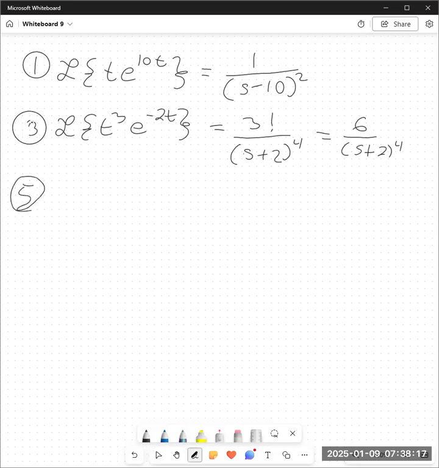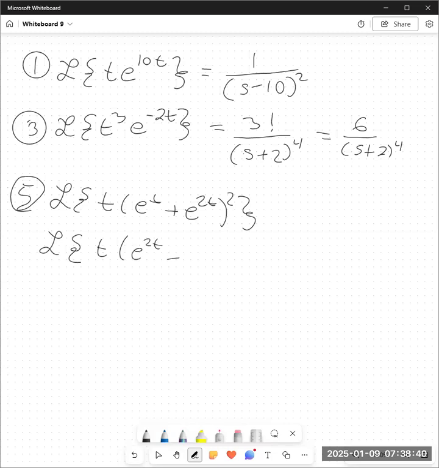The next problem is going to be the Laplace transform of t times quantity e to the t plus e to the 2t squared. I'm going to need to expand that before I begin. Laplace transform of t, and inside here e to the 2t plus 2 e to the 3t plus e to the 4t.